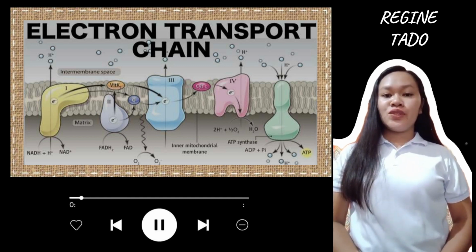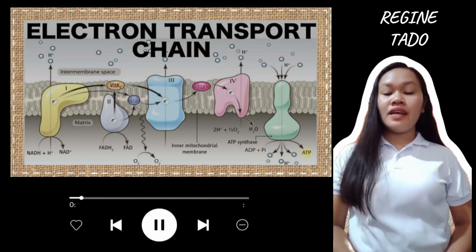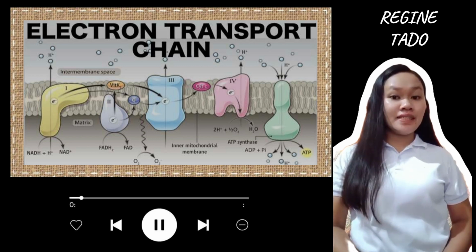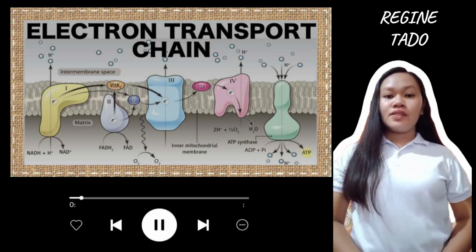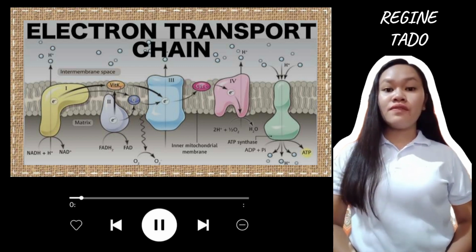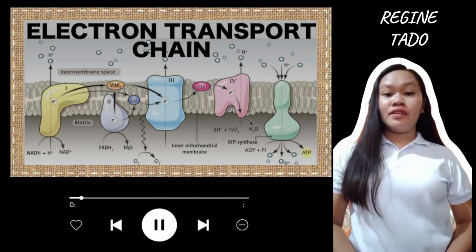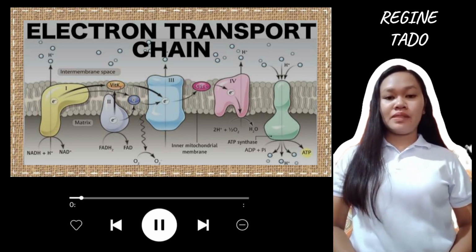By efficiently transferring electrons along the electron transport chain, cells can extract energy from nutrients and convert it into a usable form for cellular activities. This process is essential for cellular respiration and plays a vital role in the overall energy metabolism of organisms.